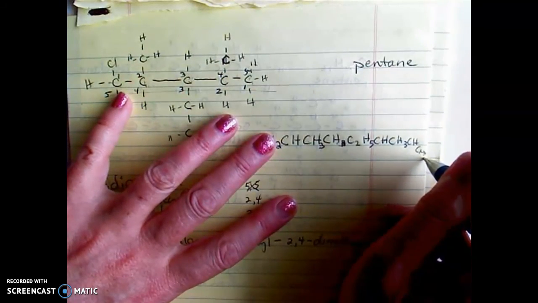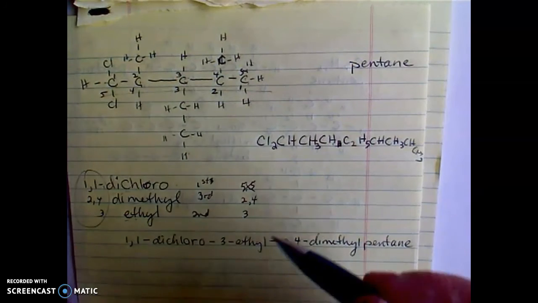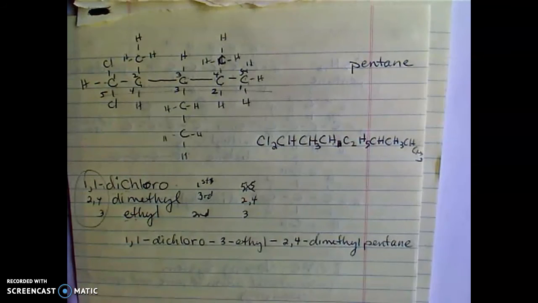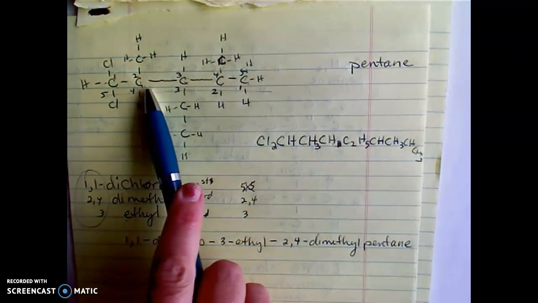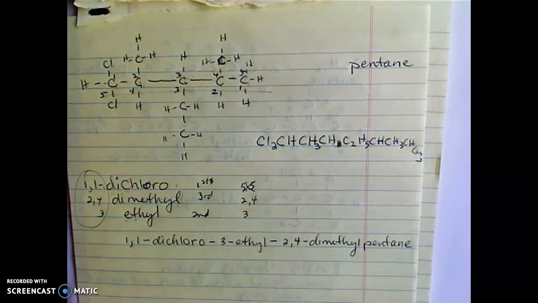So it gets a little bit crazy. As you're going through, you just always make sure that you have 4 things bonded to every carbon. All right, we'll practice a few more, starting with either the actual structural formula or the condensed structural formula, and we'll practice on the next recording.